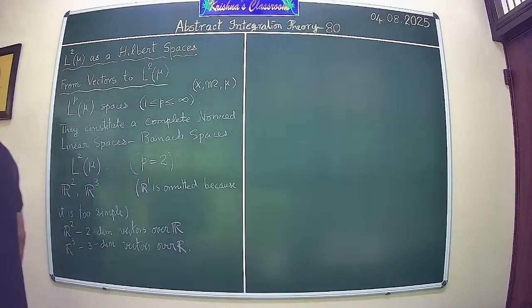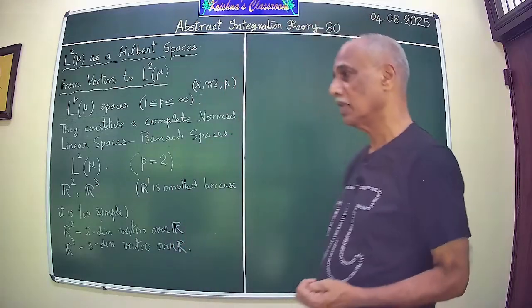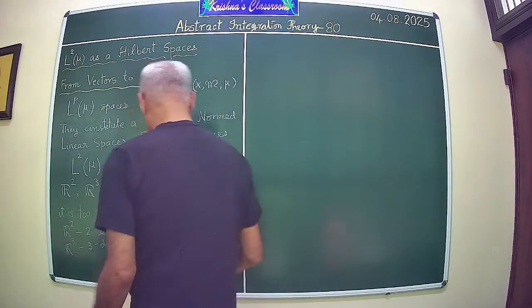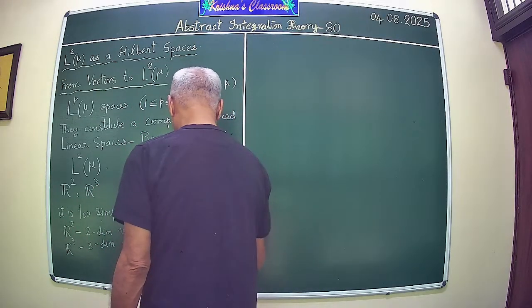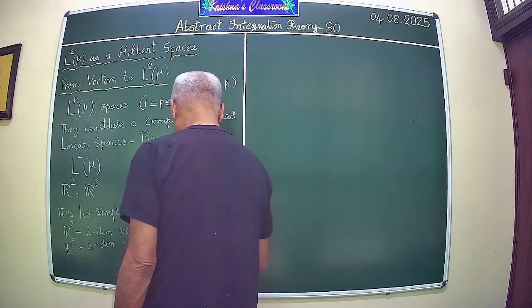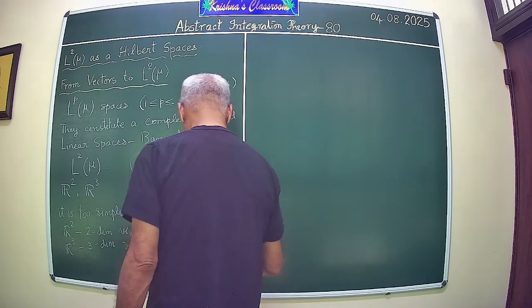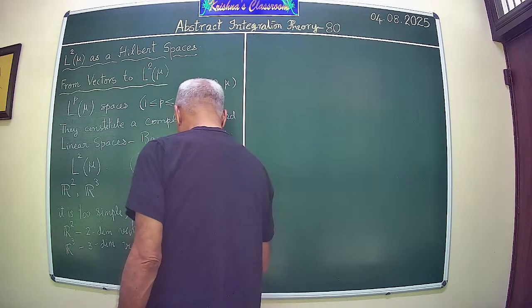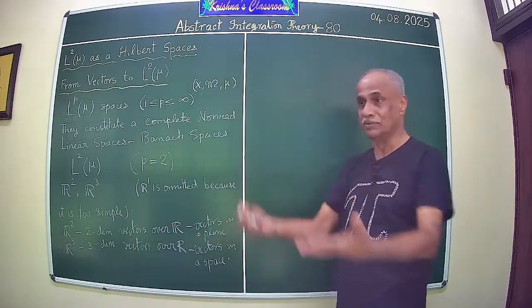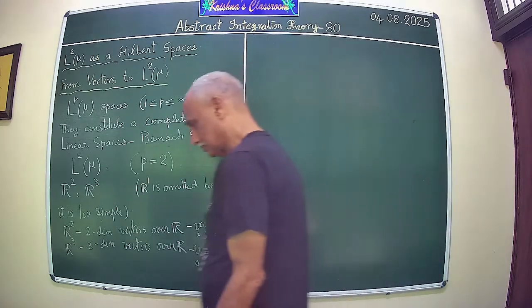Because you have a visual perception of these spaces as vectors in a plane and vectors in a space, where you can conceive things and have a feeling for them, or in fact you can touch them.